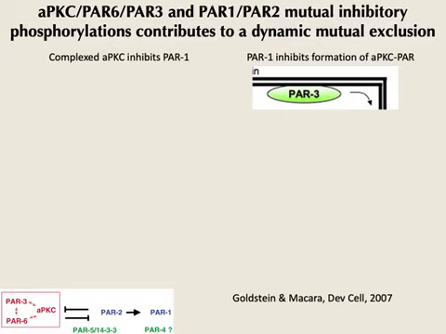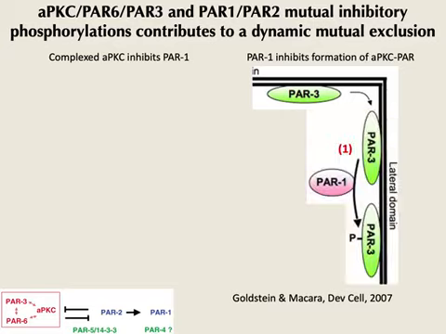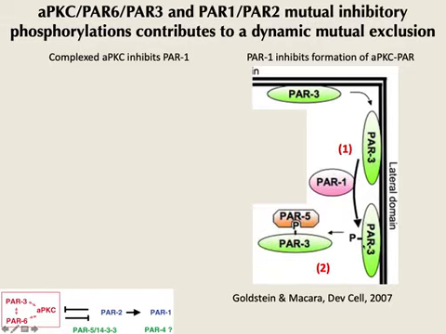That mechanism involves PAR1. That's the first step here. And PAR1, we've seen, tends to localize at the back. It will phosphorylate PAR3, and that phosphorylation causes it to leave the membrane. And now it's bound to PAR5. So there's basically an active removal of PAR3 from the membrane, from the cortex, in the back.